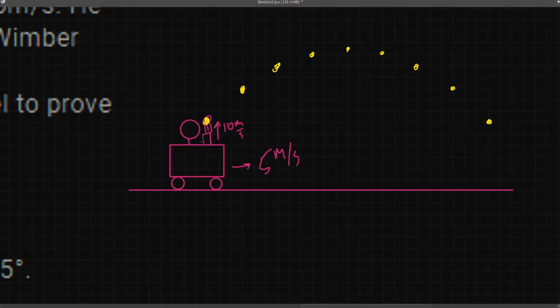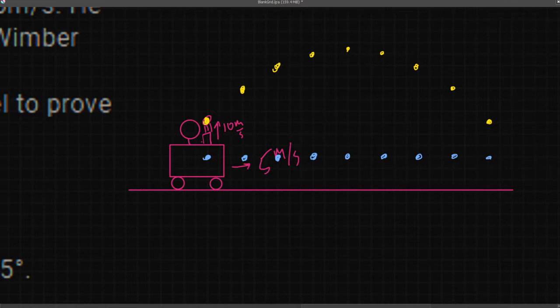Well, if we draw the cart, we'll go ahead and draw the cart as blue here. The cart does the same thing, just without any of the up and down part. The cart starts off here, and then a second later is here, and then a second later is here, then here, then here, and so on.